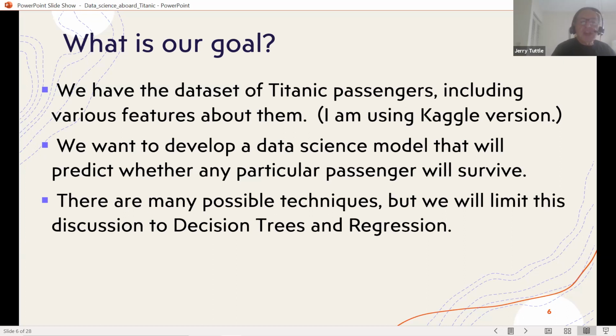There are many possible data science techniques. I'm going to limit this discussion to just two of them, decision trees and regression. And again, let me digress a minute. As an actuary, actuaries can consider ourselves among the earliest data scientists. The things actuaries do are very similar to the things data scientists do, just the techniques are different.